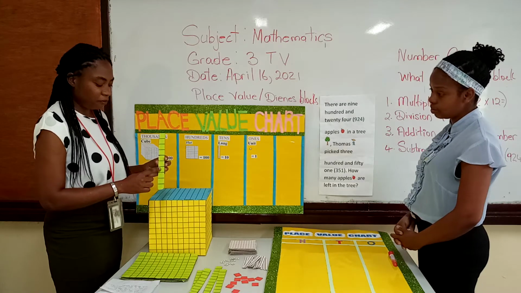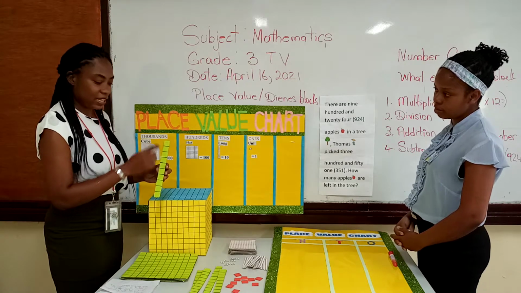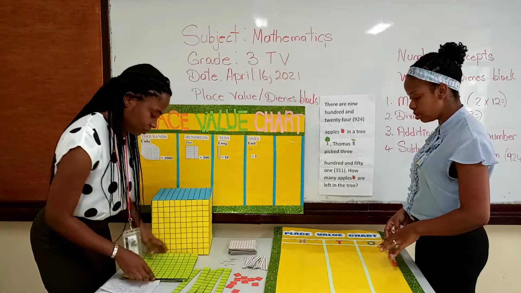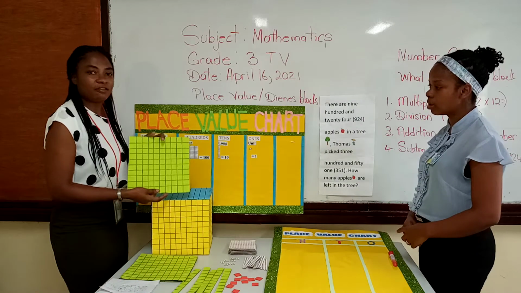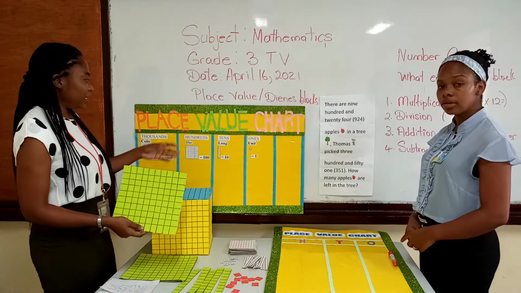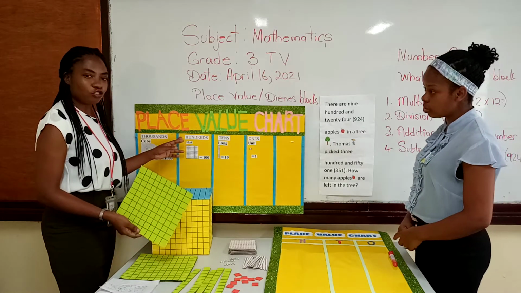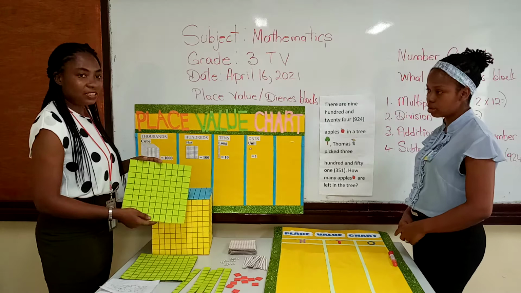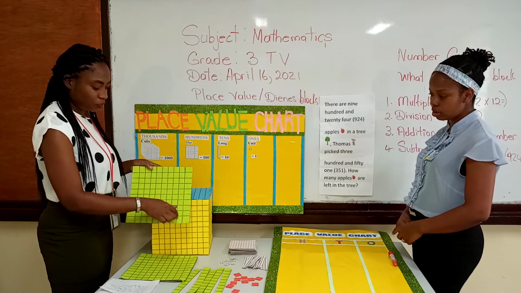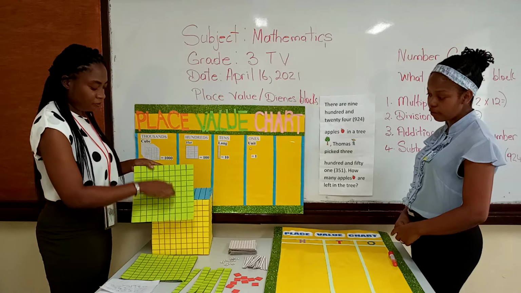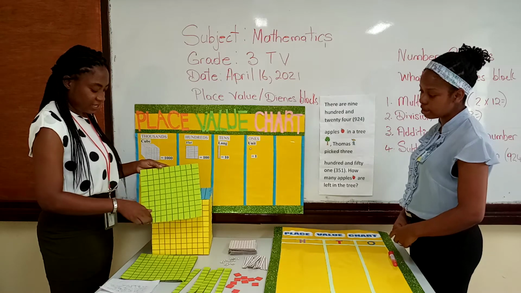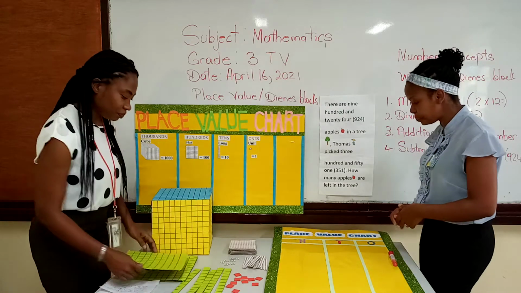1, 2, 3, 4, 5, 6, 7, 8, 9, 10. And we have 5 of these longs. Here we have our flat, and our flat on the place value chart is the hundreds place, and a flat is made up of 10 longs. 1, 2, 3, 4, 5, 6, 7, 8, 9, 10.